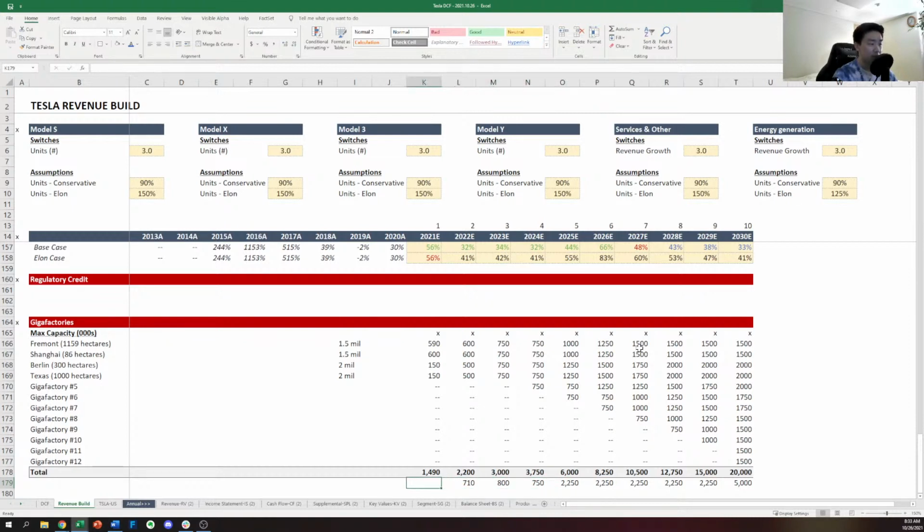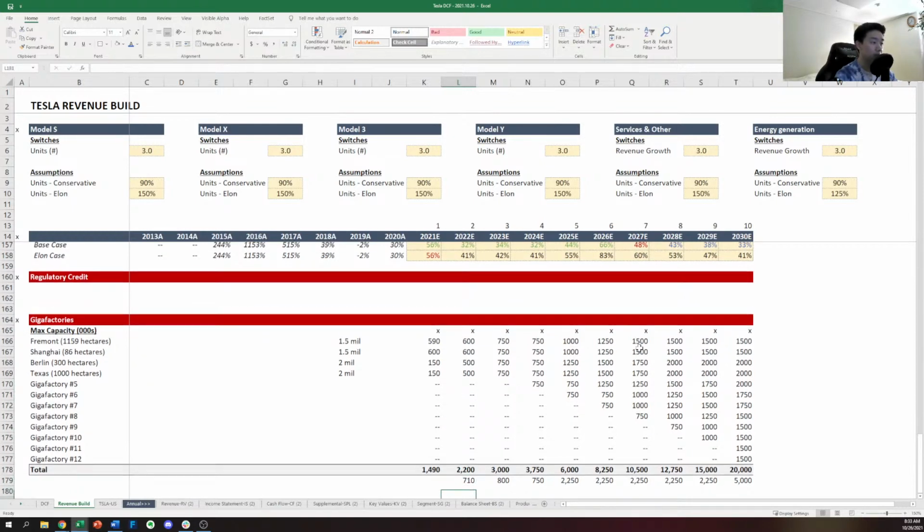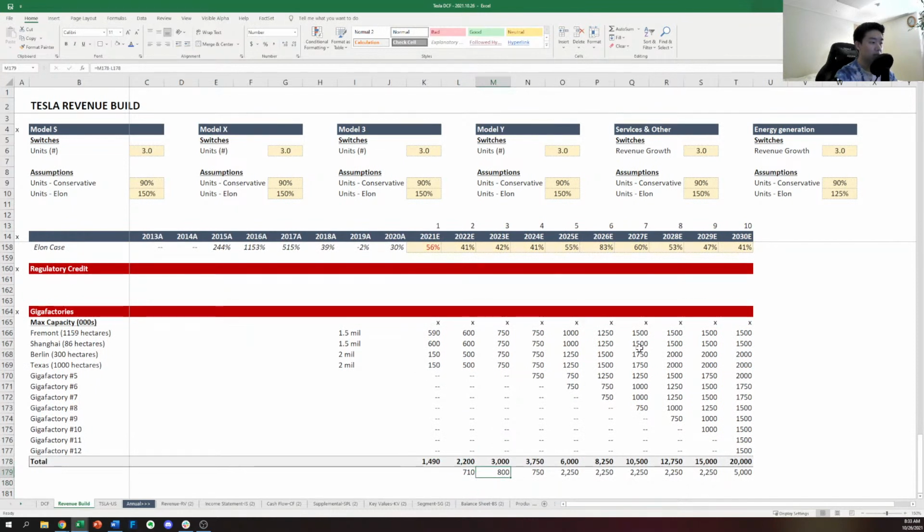So right now, in 2022, this is pretty much set in stone. 2021 and 2022. Tesla has not said they're going to create another Gigafactory in 2022, right? So we're assuming that in 2023, and 2022, I guess, they start building out the next one, and then that one launches in 2024. And so even though this is not really smooth, it is what it is, right? Because of what we assume here.